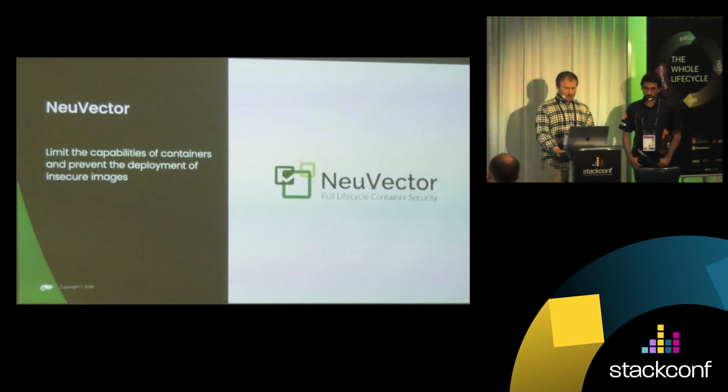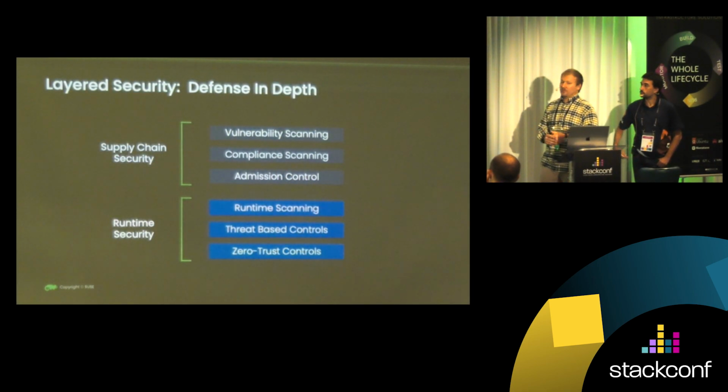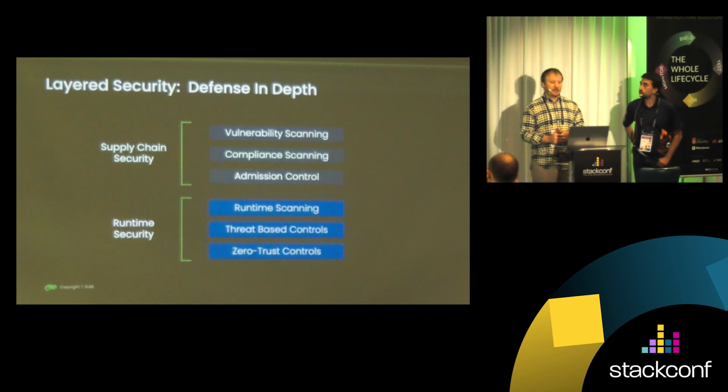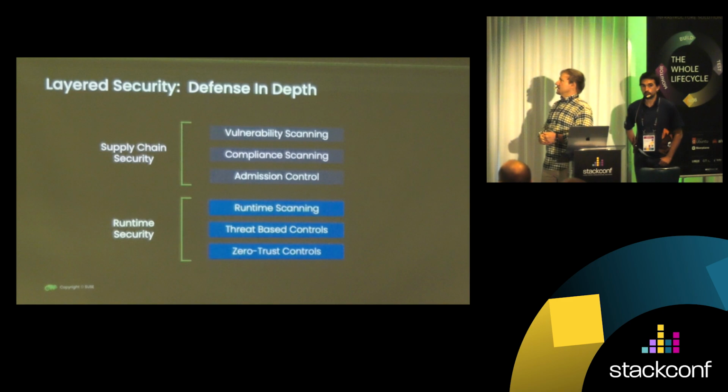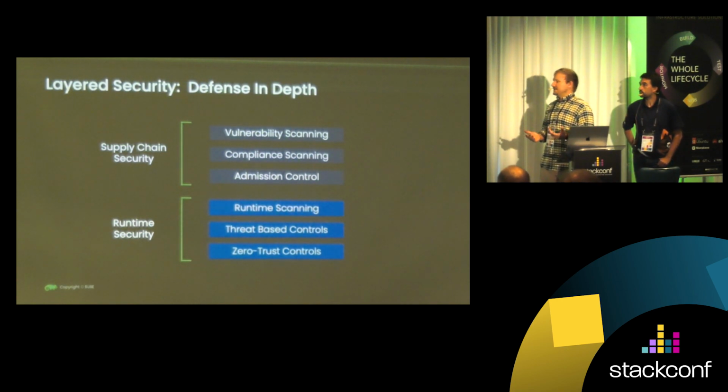And we actually have a two-tiered, or two-pronged, approach to security in NeuVector. One of those tiers is supply chain security. This is your typical CVE vulnerability scanning, but across the entire supply chain.